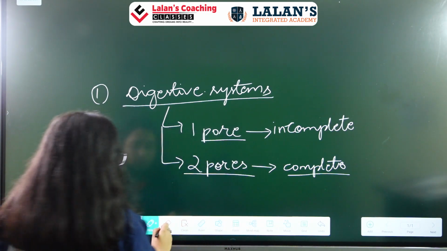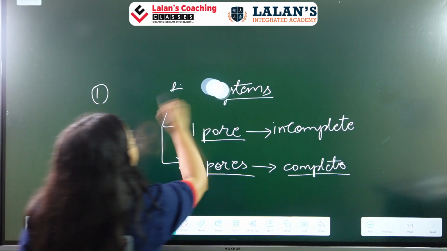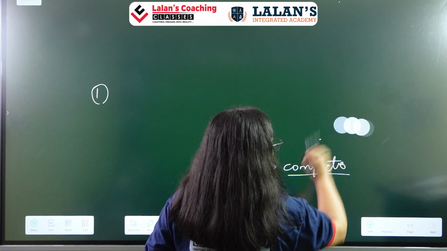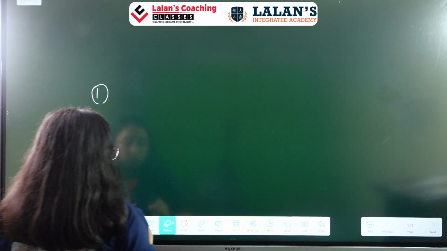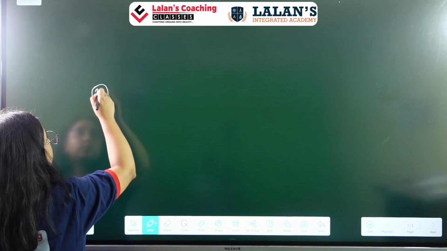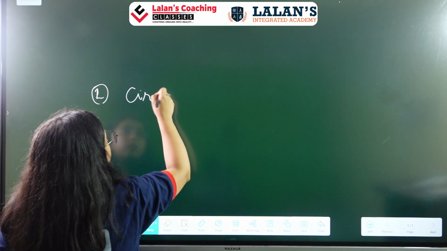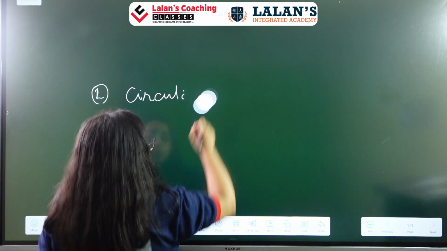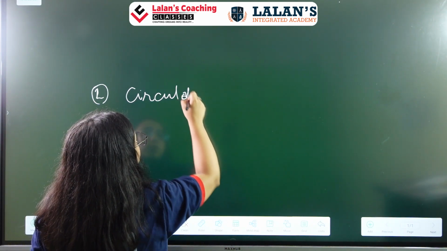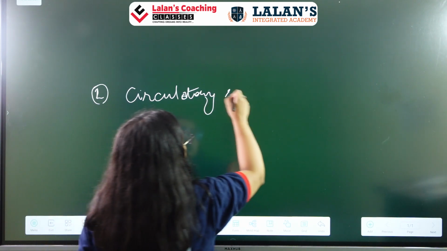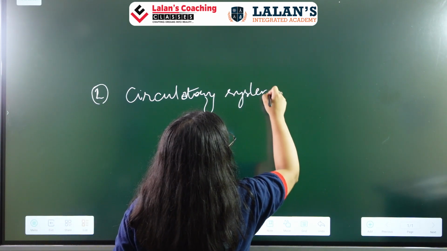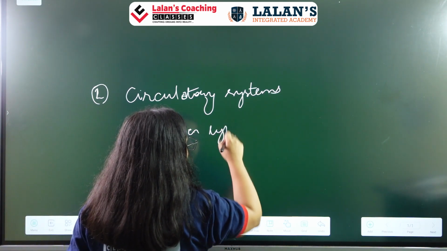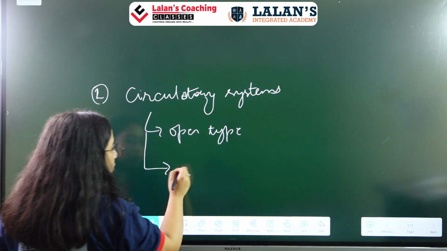Next thing that is observed is the cardiovascular system, or the circulatory system to be specific. There are two types of circulatory systems. One is called the open type and the other one is called the closed type.